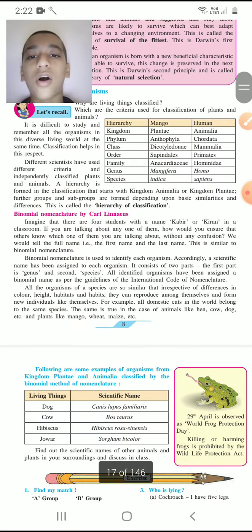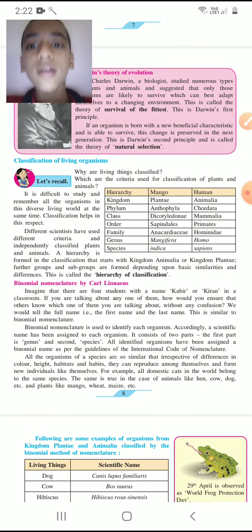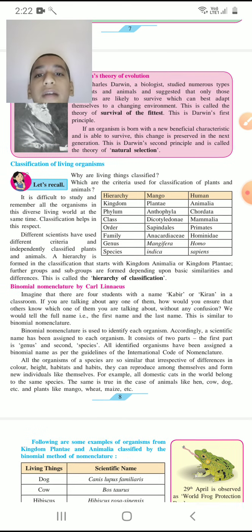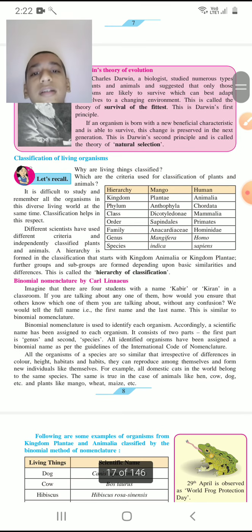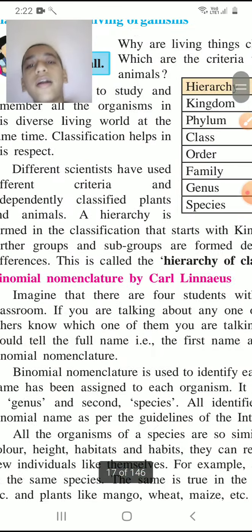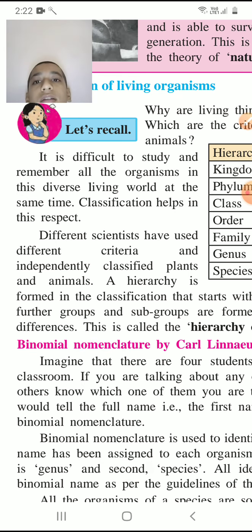Let's recall. One second, first we have to read this. Classification of living organisms: how are living things classified? So this will be done in the three times question answers. It is difficult to study and remember all the organisms in this diverse living world. At the same time, classification helps in this respect.